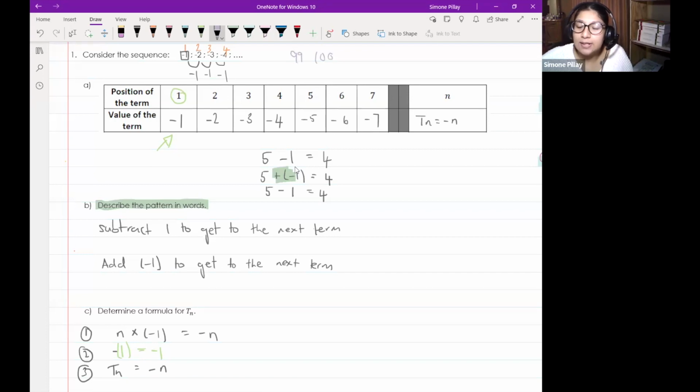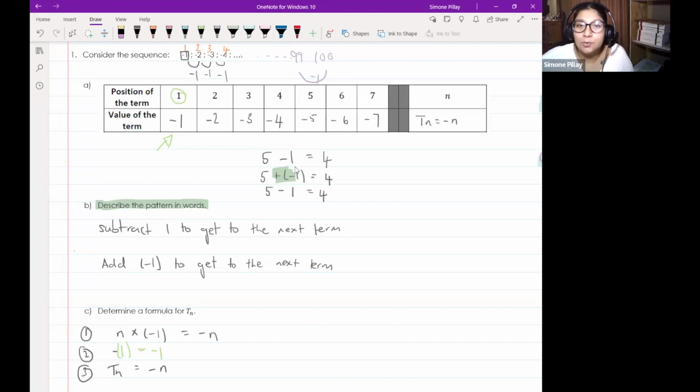Because if you know what the 99th number is, then you'll know, okay, to get from the 99th term to the 100th term, I just have to minus 1. But imagine how long it is going to take us to write out this pattern up until the 99th term just to get 100? So this helps us to find our formula, but it is not the formula.